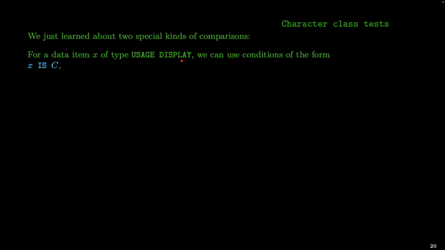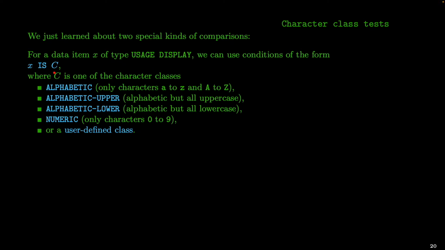Then we can use a condition of the form X is C, where C is a so-called character class. So C could be alphabetic, alphabetic upper, alphabetic lower, numeric, or a user-defined class. These classes here are clearly only characters, and here we only have uppercase or only lowercase characters.